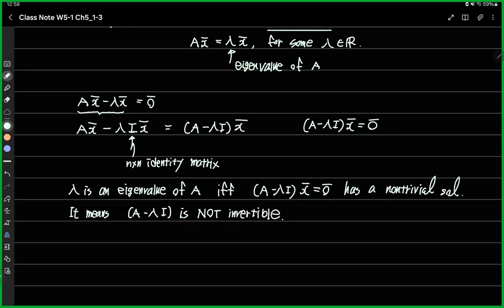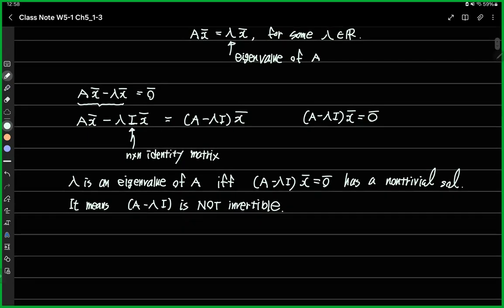If A minus lambda I is invertible, then there exists an inverse matrix, and if we left-multiply by the inverse on both sides, then x bar turns out to be the 0 vector.